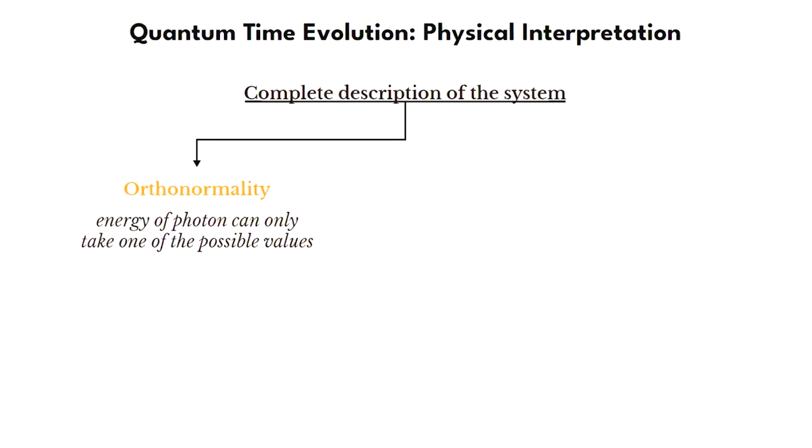So the first property is orthogonality. This basically means that it is orthogonal and it is normalized. What this means is that the energy of the photon can only take one of the possible values. Using the example from the previous slide, let's say the photon is assigned with different frequencies, like two frequencies.